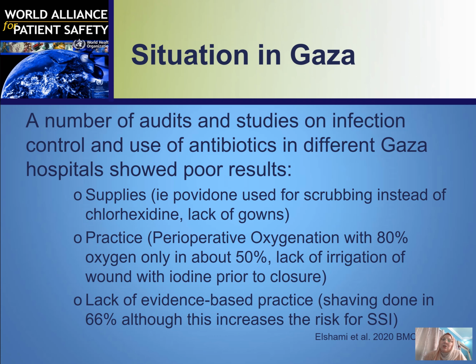Similarly, a large number of studies have now been done. One was published by El Shami in BMC Surgery in 2020, and this showed that supplies were often poor, so that hand scrubbing had to be done with povidone solution rather than the more effective chlorhexidine solution.